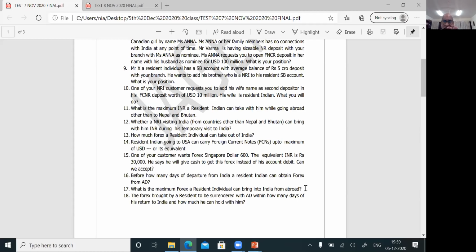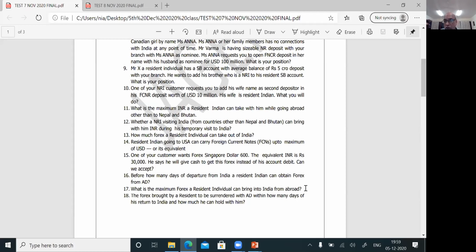But only one condition is here. When you bring the forex along with you, you have to approach the immigration authority at the airport. You have to declare how much forex you have brought from abroad, and you have to get a form known as the currency declaration form, CDF.